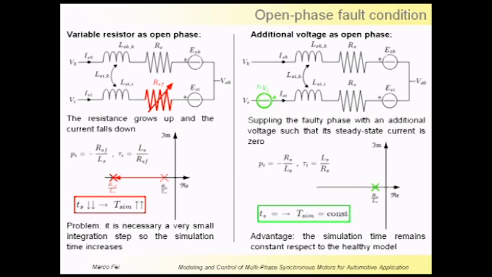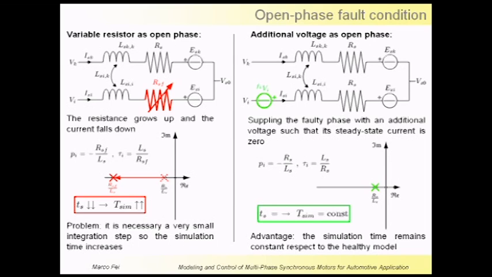So the left model is easier to implement as it has a physical meaning, because when the open phase fault occurs, the phase resistance goes to infinity. But there is a simulation problem, because in simulation the smallest integration step is chosen with regard to the smallest time constant.